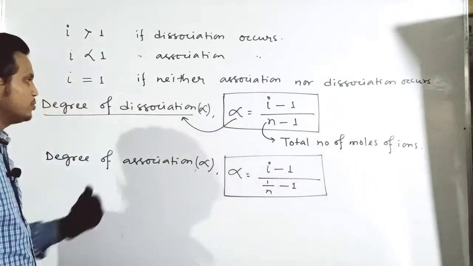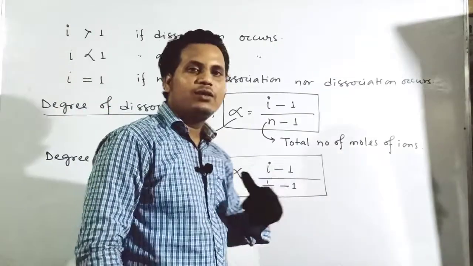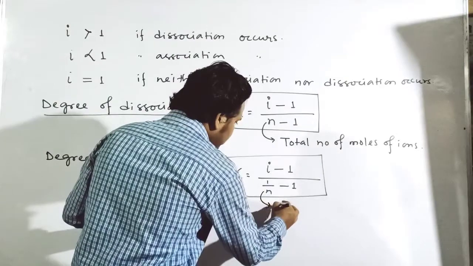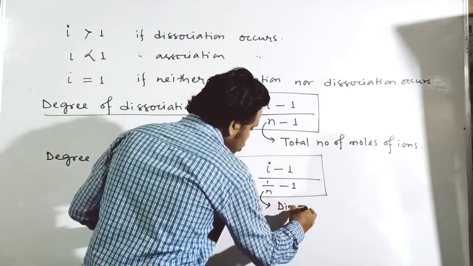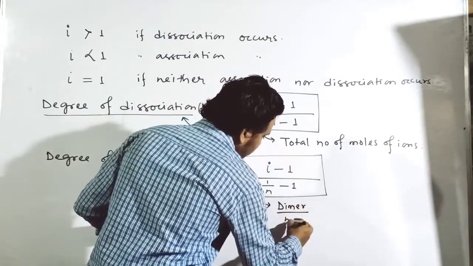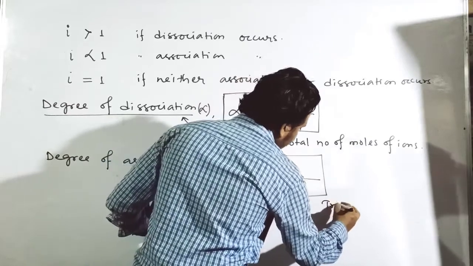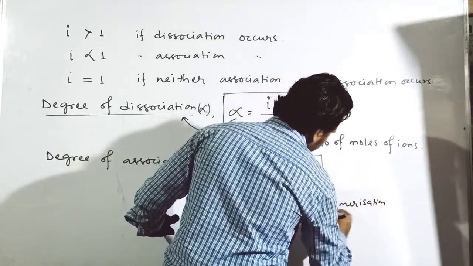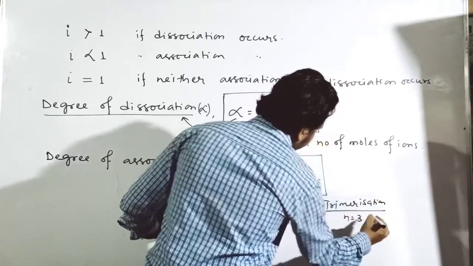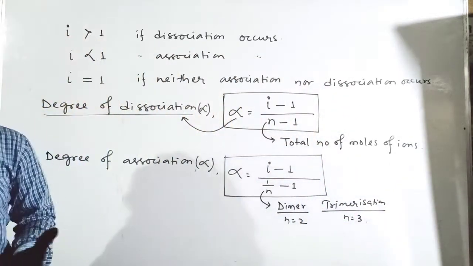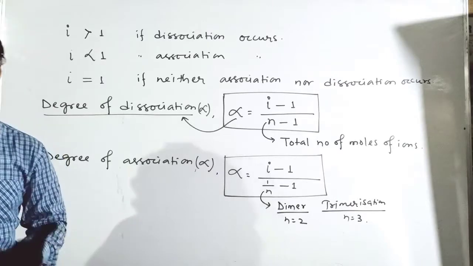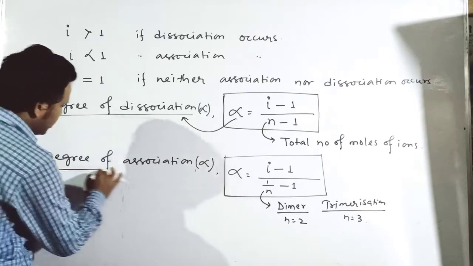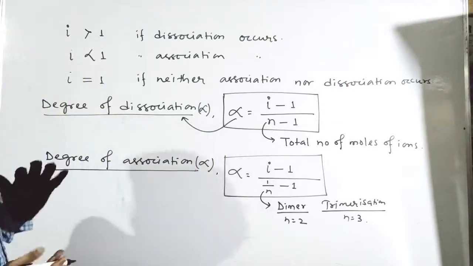Degree of association. What is I? The van't Hoff factor. What is n? If dimerization occurs, then n will be 2. If trimerization occurs, then n will be 3, and so on. Tetramerization, n will be 4, and so on. So this is the degree of association.